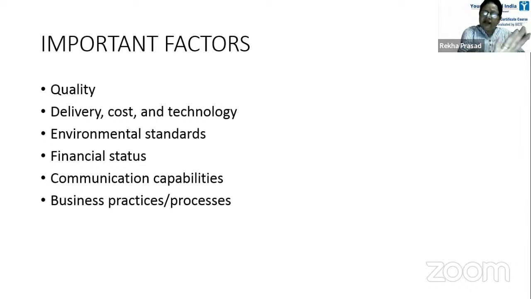But yeah, generally these are the basic things which are being looked out in any supplier: quality, delivery, cost, and technology. Environmental standards, that is also very essential. Whether they are following the environmental standards or not. जैसे आजकल if you are going to buy kaleen, they also see that child labor is not used.